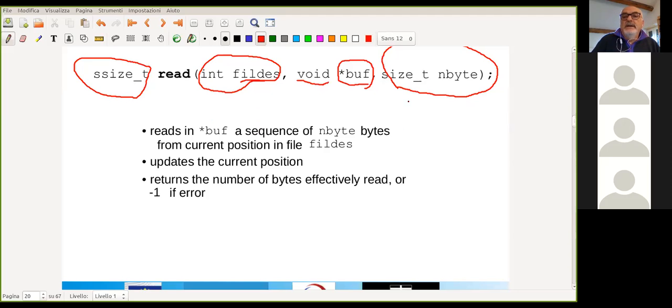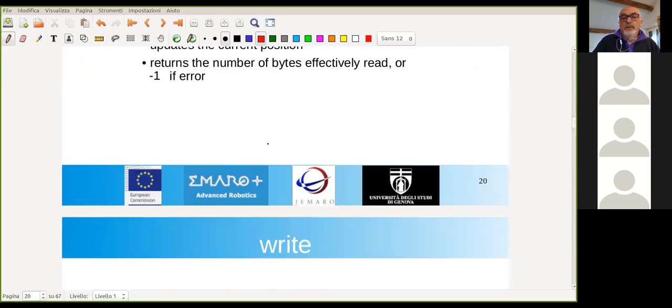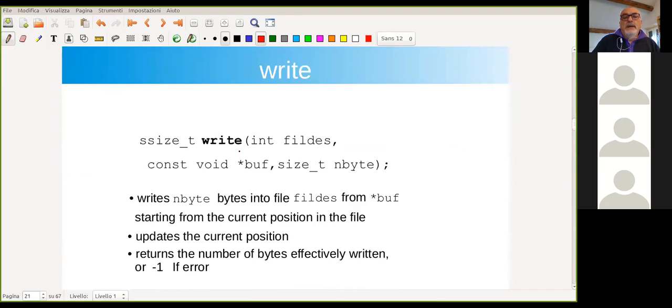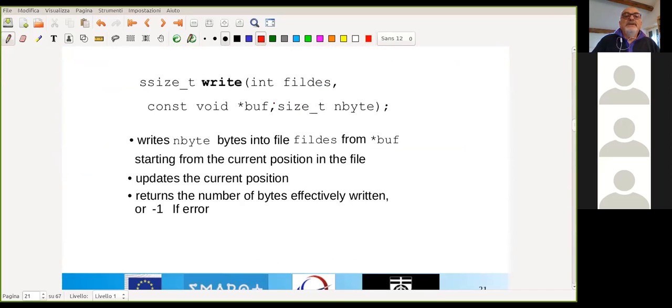Usually it is lower than the number you have specified. Otherwise, it is an error. The dual primitive is write. So you define a file descriptor and a buffer, a typeless buffer, and you must specify how many.